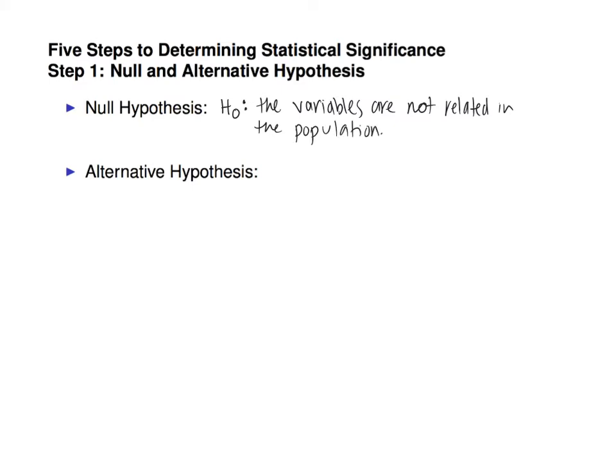For example, in the Physicians' Health Study, it would be that there is no relationship between drug being taken and heart attack rate. The alternative hypothesis is that the variables are related.